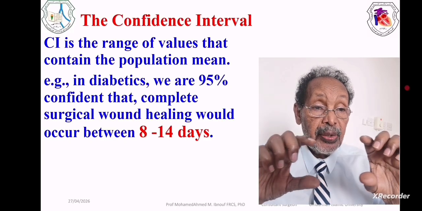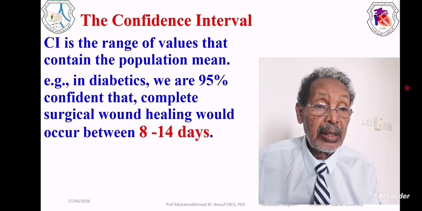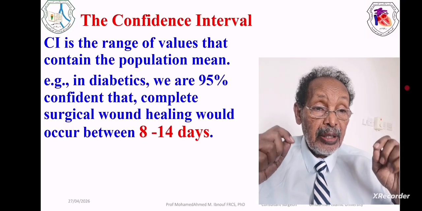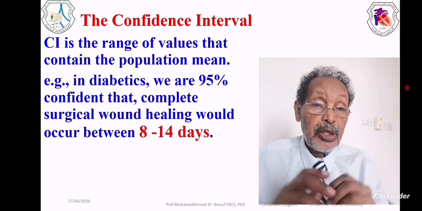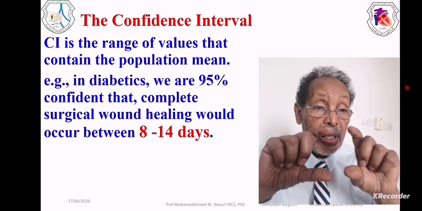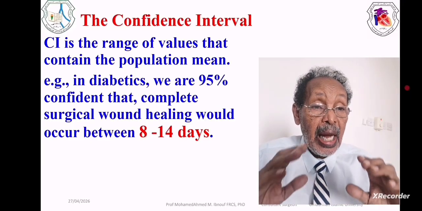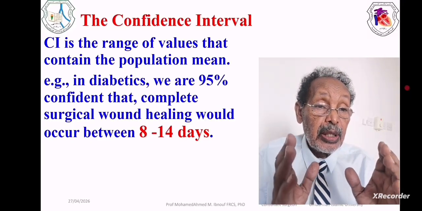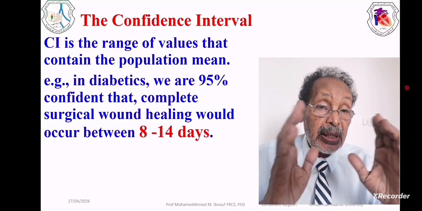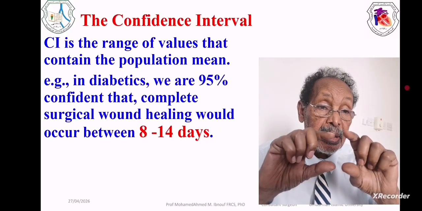So within this interval, we are 95% confident that the mean of this population of diabetics will lie within this interval of 8 to 14, and 95% of the estimates of the data around it will lie within this same interval.